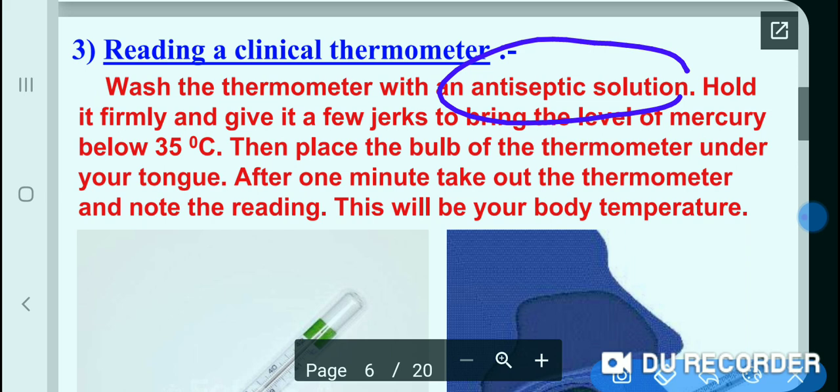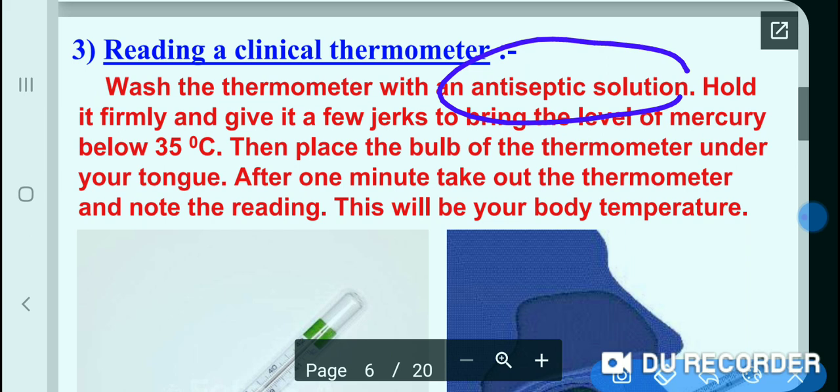Second, hold it firmly and give a few jerks to bring the level of mercury below 35 degrees Celsius. It may be possible that the level of mercury is above 35 degrees Celsius, so when you give a jerk, it will lower below 35 degrees Celsius.